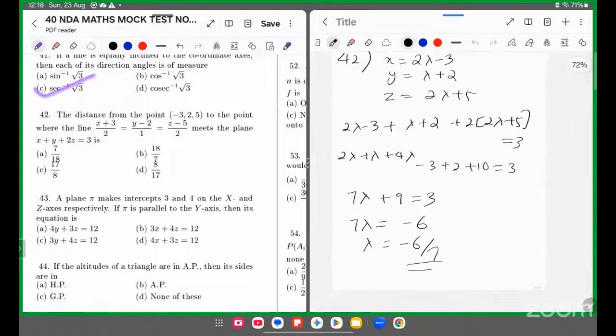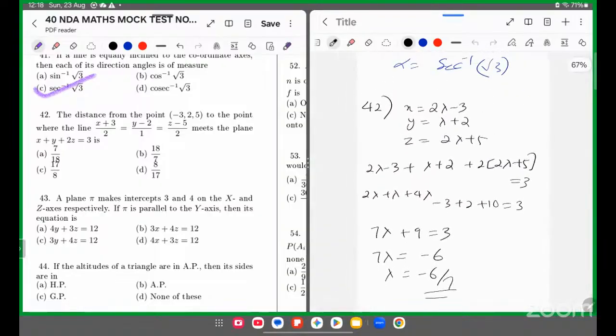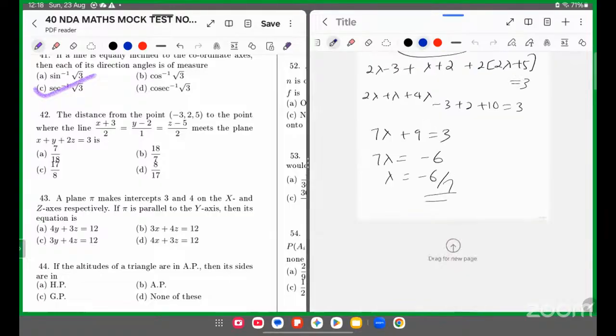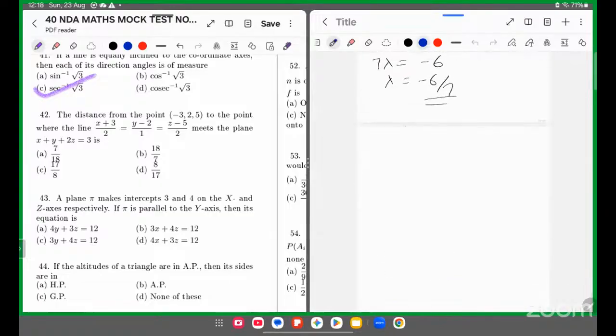If you substitute this lambda into this point, you will be able to calculate the point also. What is the point? When you consider 2 lambda minus 3, what is 2 lambda minus 3?